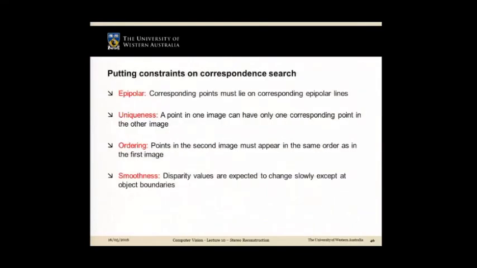Uniqueness. A point in one image can have only one corresponding point in the other image. That's the main property, the main requirement. And if you have one corresponding point, that will help you to achieve all the aims that we have been discussing in this lecture. So you should have a unique corresponding point.